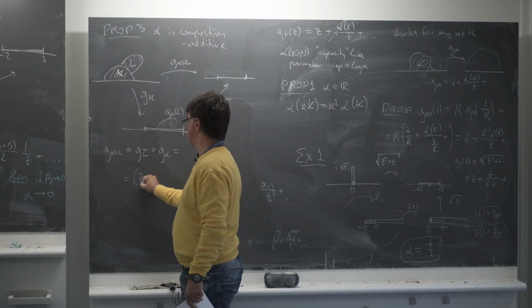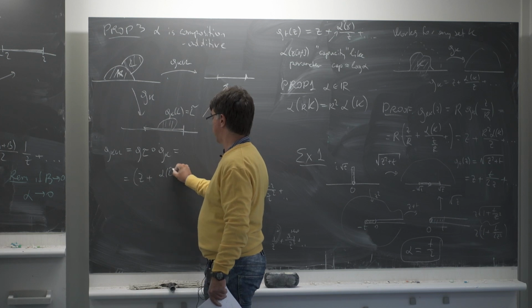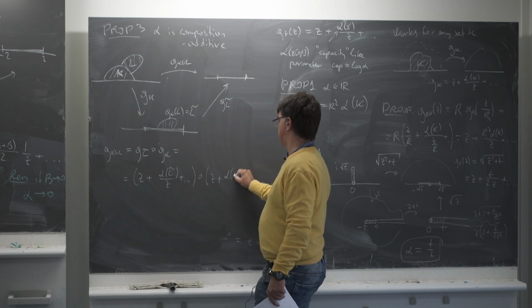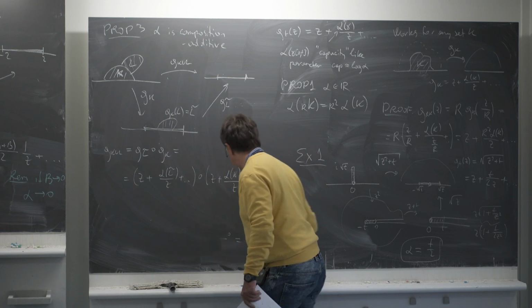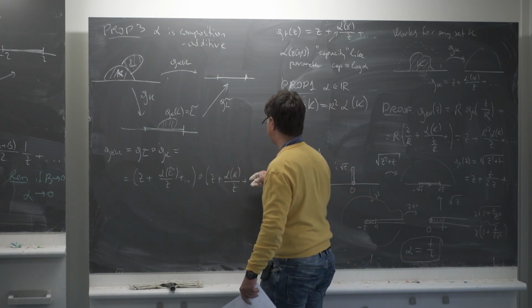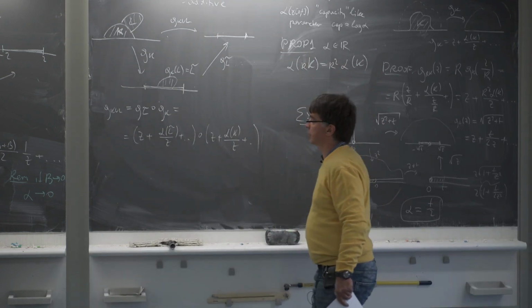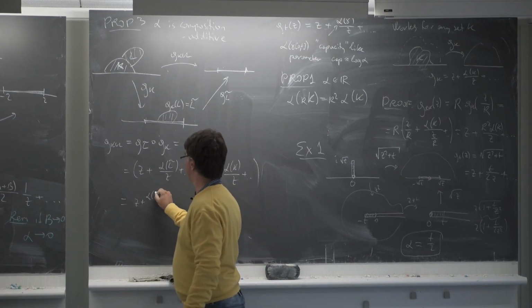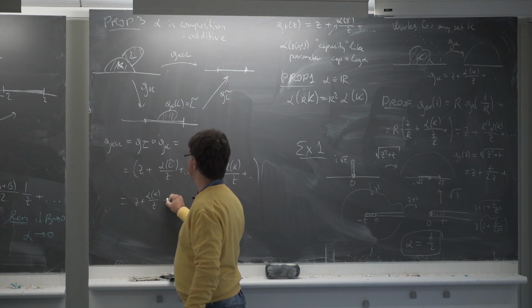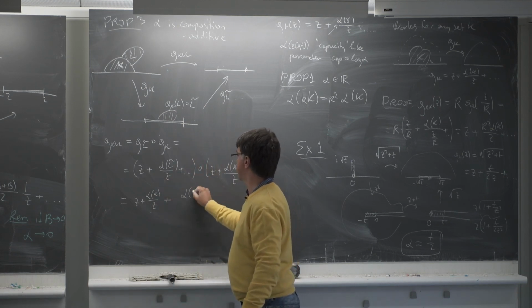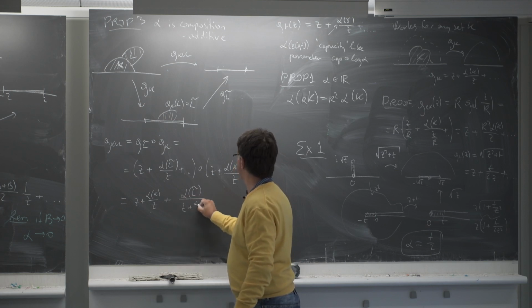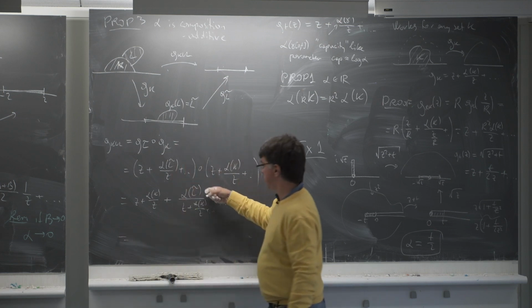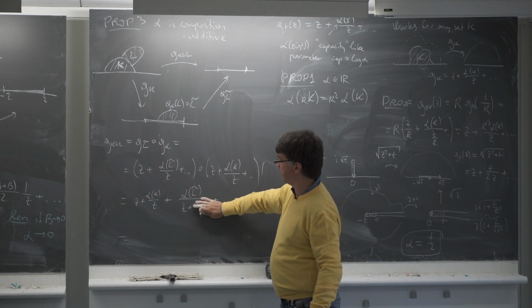Now you compose two maps which go like Z plus alpha of L tilde over Z plus etc., composed with Z plus alpha of K over Z plus etc. If I plug this in here, I get Z plus alpha of K over Z plus etc., plus alpha of L tilde over Z plus alpha of K over Z plus etc. If I simplify this, the first term will be alpha over Z, and then there will be small order terms.